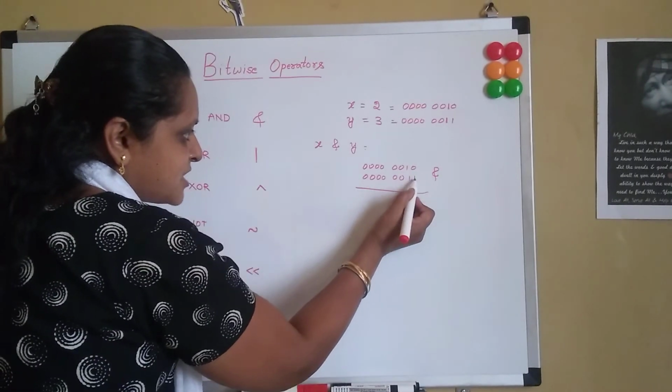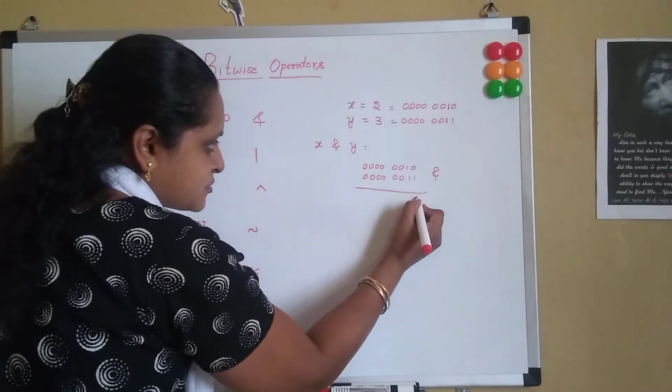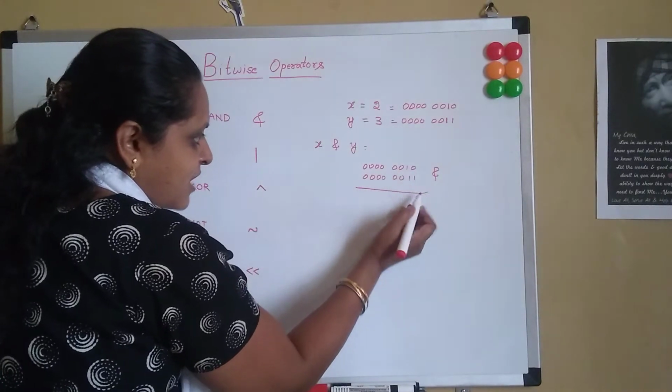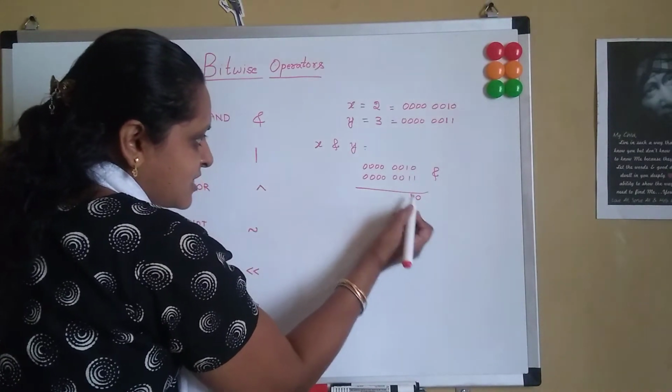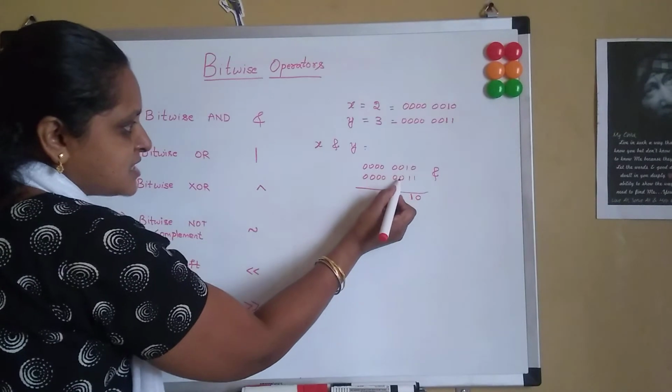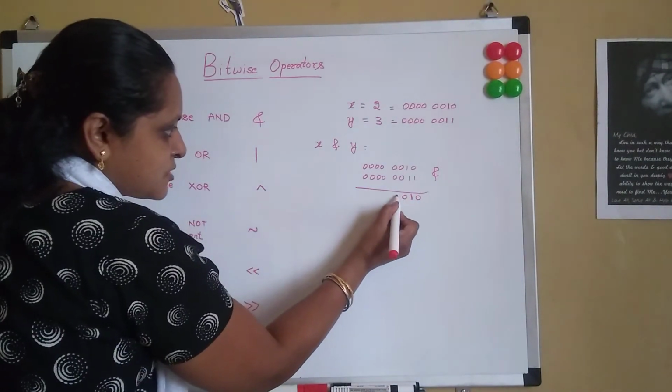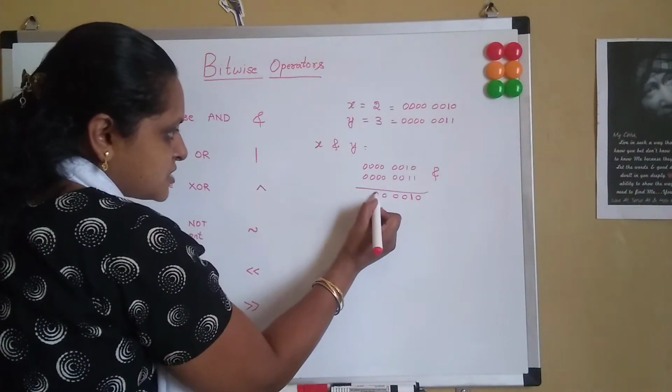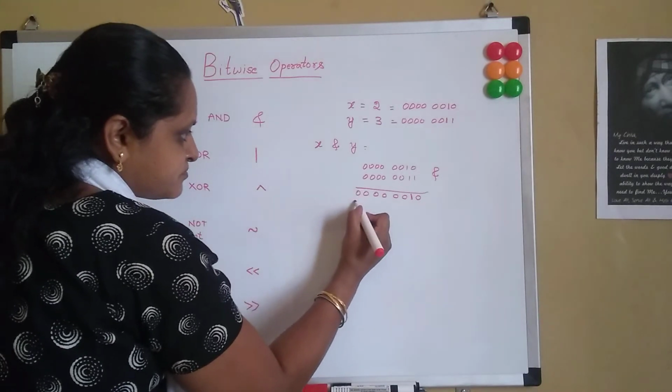So here we have 0 and 1, which is 0. 1 and 1 becomes 1, since both are 1. 0 and 0 is 0.